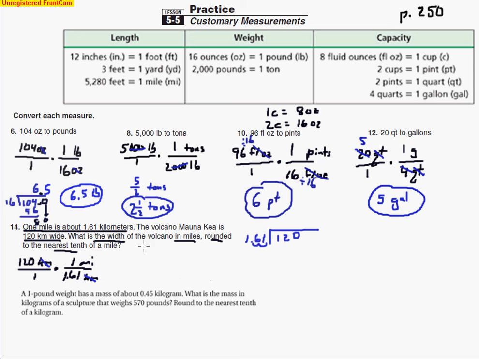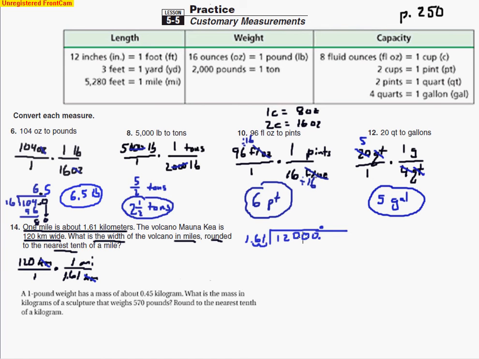I'm going to end up having to move that decimal over a couple spaces. Now, they want us to round to the nearest tenth, so we're going to have to go all the way to the hundredths place. I move the decimal 2 spaces, so 1, 2, and then I'll bring a decimal point straight out because I know I'm going to be dealing with decimals here. I go ahead and start. 161 doesn't go into 120, so the first number I have to put is over here, in the thousands place of the quotient. Let's figure out what it would be.